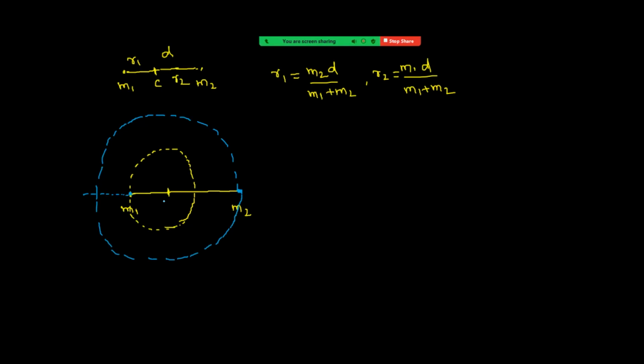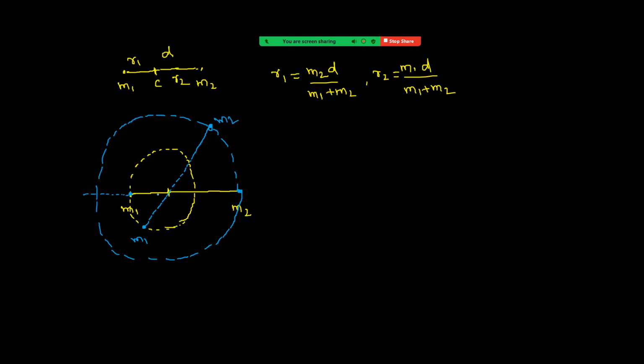If you observe, they will always be on the same line at any point of time. Suppose m1 is here at one instant. If you draw a line passing through the center, m2 will be at this position.